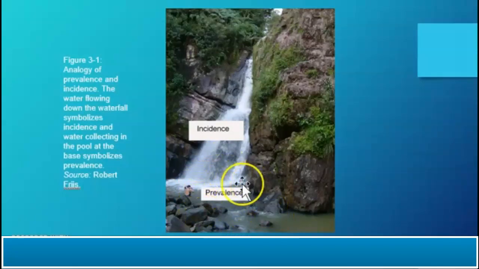I mean, it could include a time period, but it's all the water that is collected at the pool. Whereas incidence is the water flowing down the waterfall. So this is all the new water falling down versus the water that's collected.